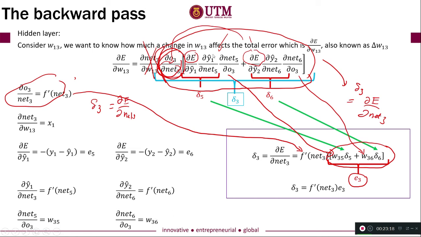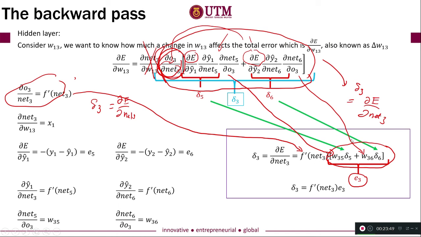So from here you can express it this way, where this is delta 5 multiplied with W35, this one delta 6 multiplied with W36, and then of course the one that you have not defined yet is this one, which you already expressed in this way, so you replace this one with this component over here.